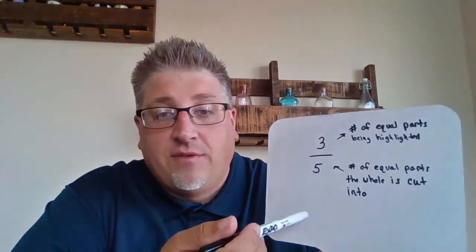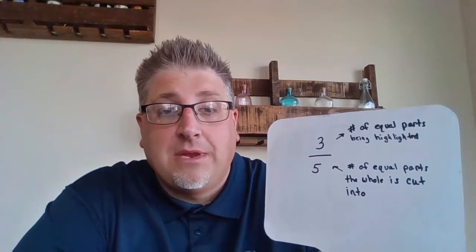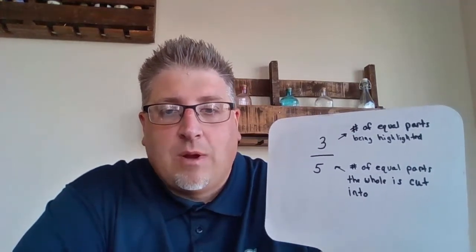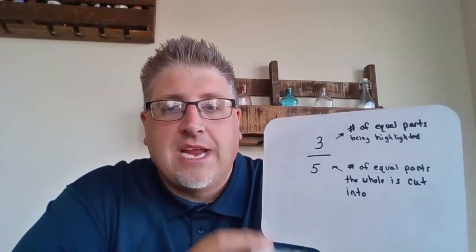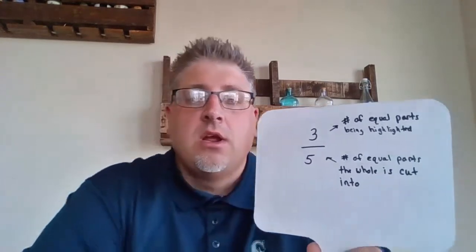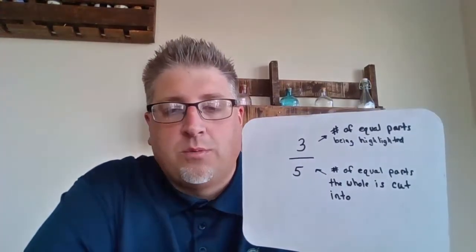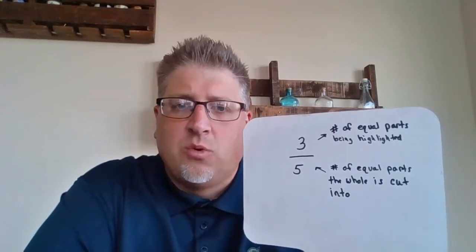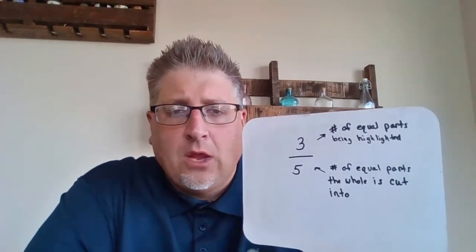So if I had that circle with 5 there, 3 of those pieces would be highlighted, all right, to represent that 3/5. So understand that numerator and the denominator. It's very important moving forward when it comes to these things. So just kind of quick review, and hopefully we're good with that. Other than that, this lesson is going to roll pretty quick here today.